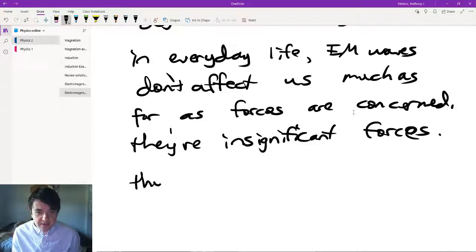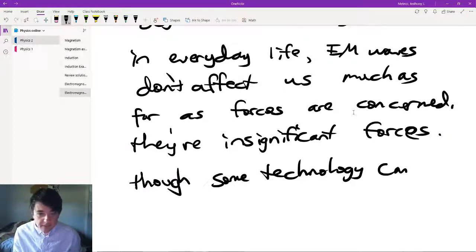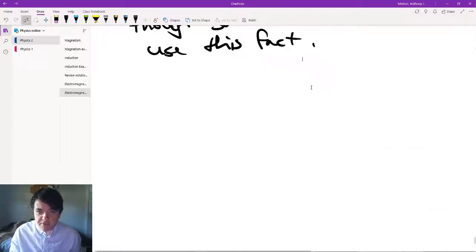That said, though, some technology can or does use this fact. Okay. There's something called solar sails. I don't know if you guys have heard of them.